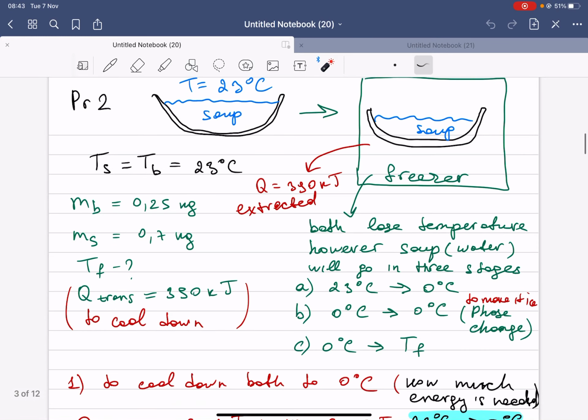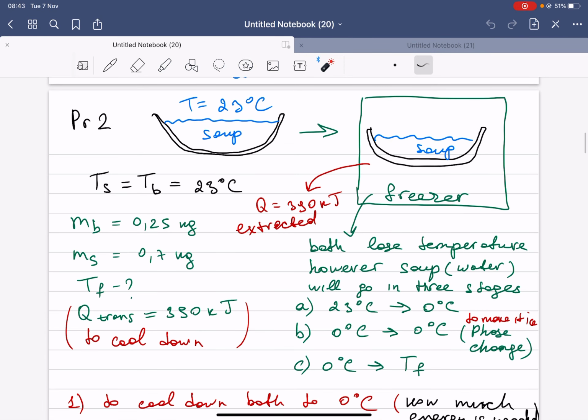So basically we have a bowl and soup at 23 degrees, and then it has been placed in the freezer. We know the temperature of the freezer is below 0 degrees, so it might be minus 23, minus 15, we don't know.